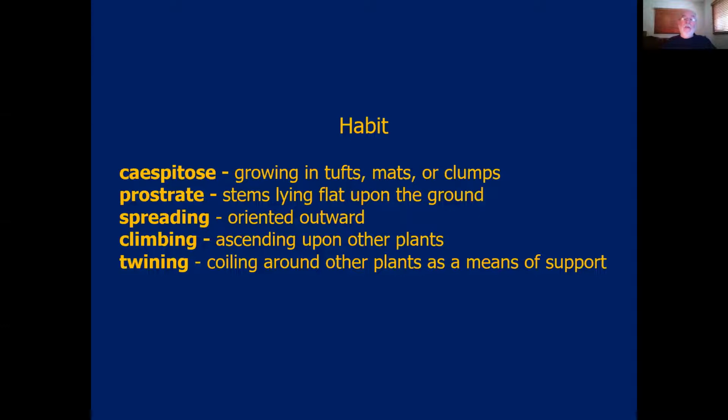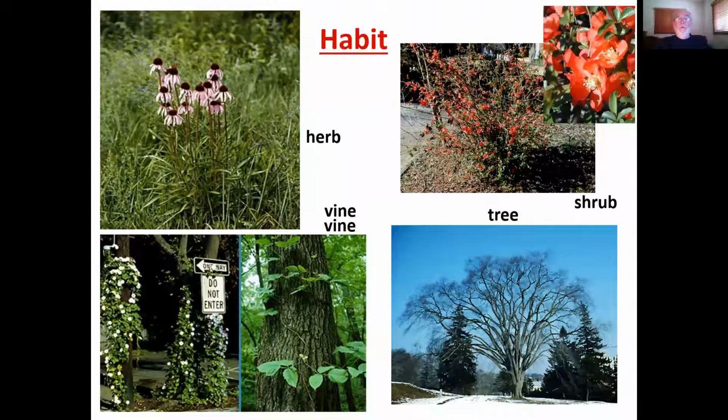And the opposite of prostrate is climbing. Plants that instead of lying flat upon the ground, ascend upon other plants, like vines or lianas, are both climbing. And a special case of the climbing habit is plants that have twining stems or a twining habit, where the stems coil themselves like a snake around other plants as a means of support.